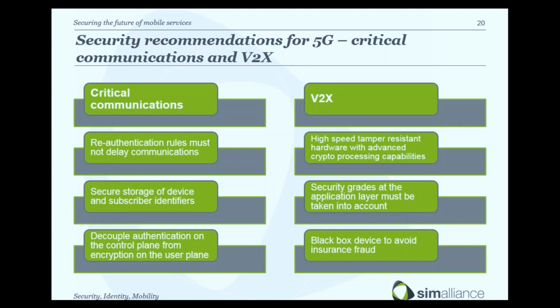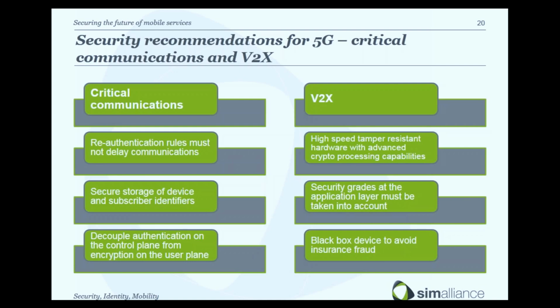Now, on to critical communications and V2X. In critical communications, this segment requires the highest level of security protection. Both the subscriber identity and the device identifier must be securely and separately stored and integrity protected, both in storage and transmission.